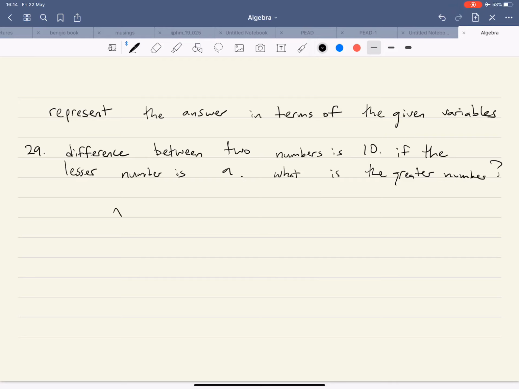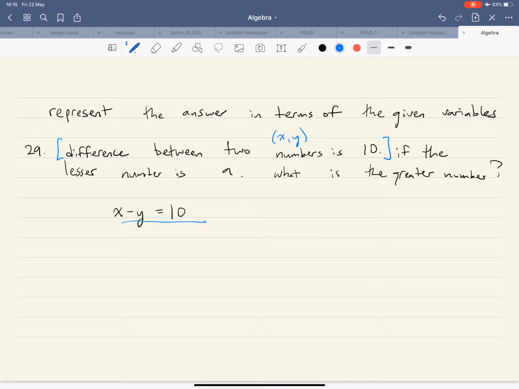Let's say that I'm going to call them x minus y equals 10, because right now I've got my blinders on and I've just looked at this part of the problem. So difference between two numbers, for right now I'm going to call them x and y, is 10. So that's what this expression here says.